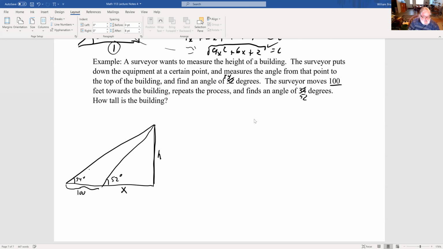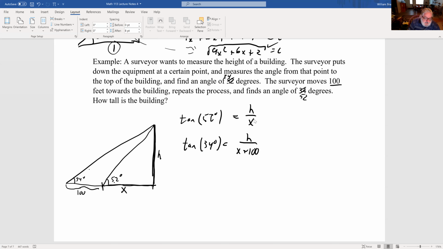Well, we'll call this distance here x. And then we know two things. You know, tan of 52 degrees is h over x. So h over x is opposite over adjacent for 52 degrees. And we know tangent of 34 degrees is h over x plus 100.